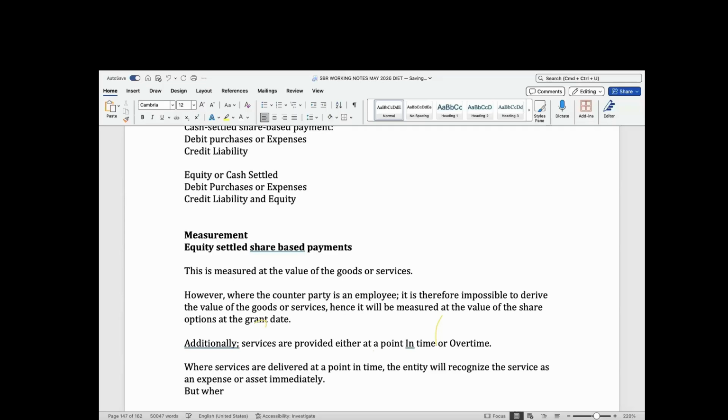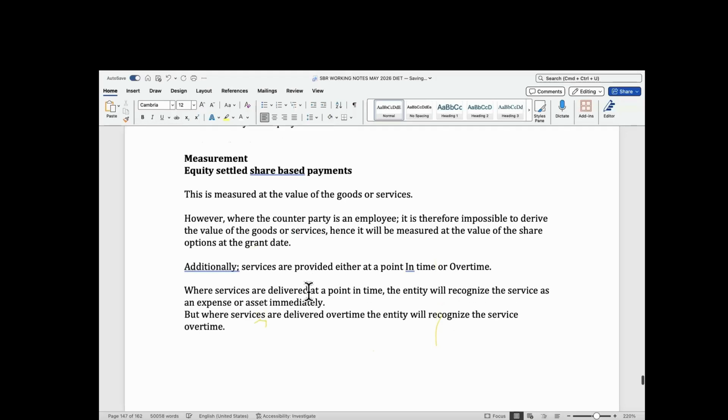But where services are delivered over time, the entity will recognize the service over time.